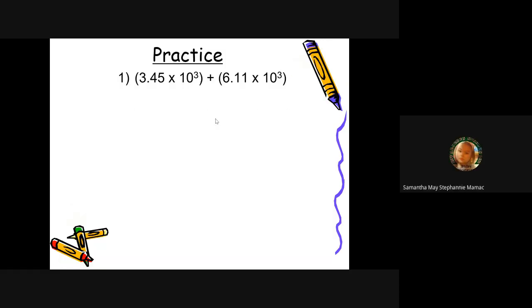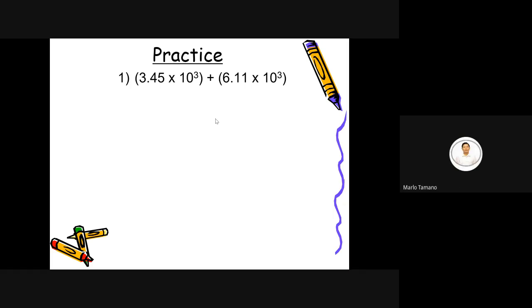Yes po. So, let us have a practice. 3.45 times 10 cube plus 6.11 times 10 cube. Anong sagot? 9.56 times 10 to the third power. Okay.